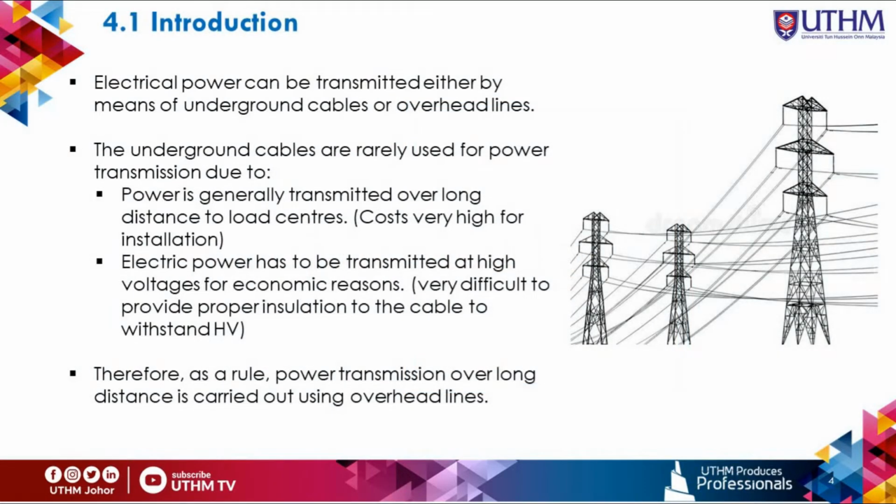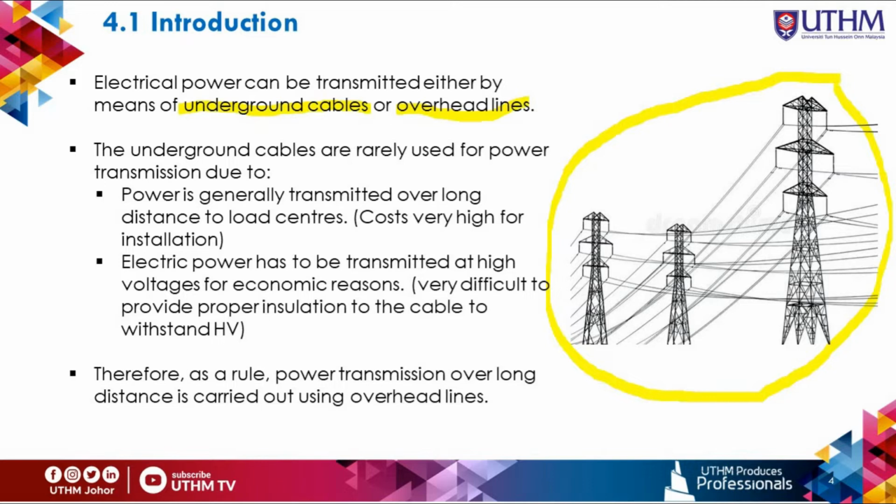So electric power can be transmitted or distributed either by means of underground cables or overhead lines. As you can see here, this is the example of the overhead lines.